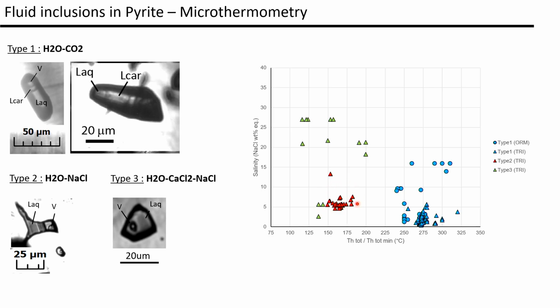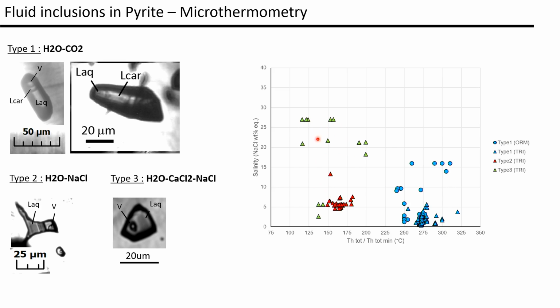Then the type 2 is the H2O-NaCl. It's ranging between 150 and 180 degrees C with a salinity around 5 weight percent. And the last one, the H2O-CaCl2, has a bigger salinity compared to the others, the most important salinity.